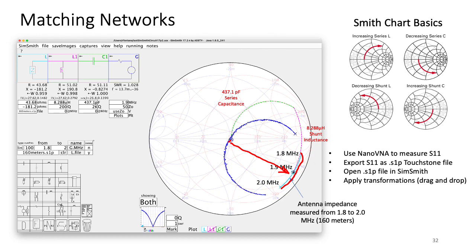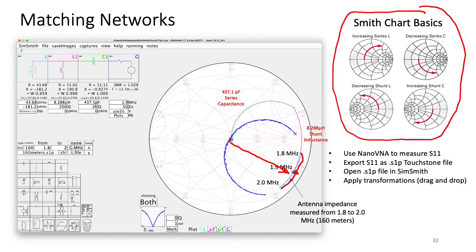Well, let's take one frequency as an example. Let's take the center of that 160 meter band of 1.9 megahertz and see what we can do to transform it. First of all, let's look at the Smith chart itself. The Smith chart has a set of concentric circles, and those circles, you can see here, represent a fixed resistive value.